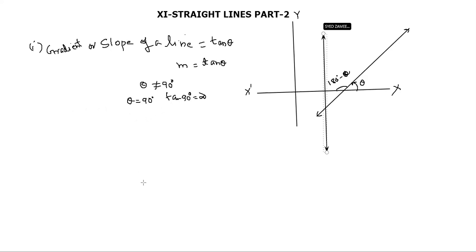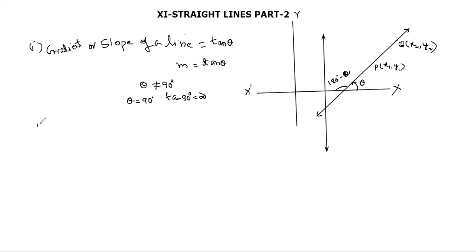Second thing, if the points are given. This is coordinate geometry. Suppose P is a point on this line whose coordinates are x1, y1, and Q is another point whose coordinates are x2, y2.